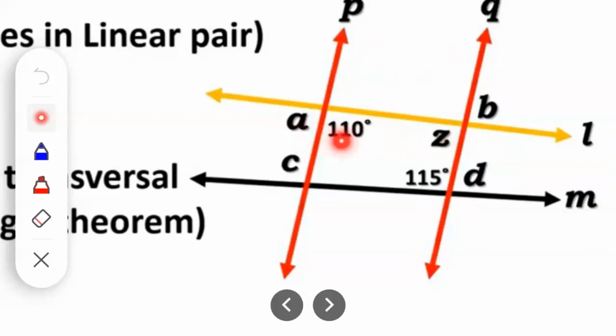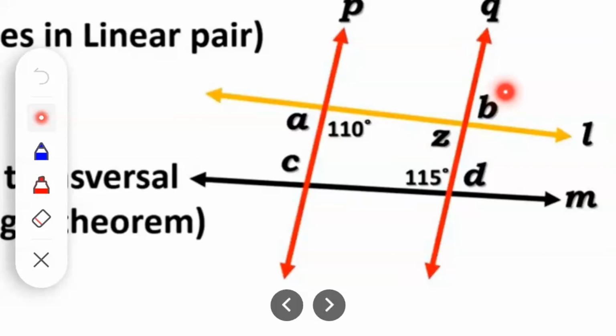Whatever the measurement of A is, the same will be the measurement of Z. Angle Z is vertically opposite to angle B, so that value will be equal, and we can find the value of angle B.